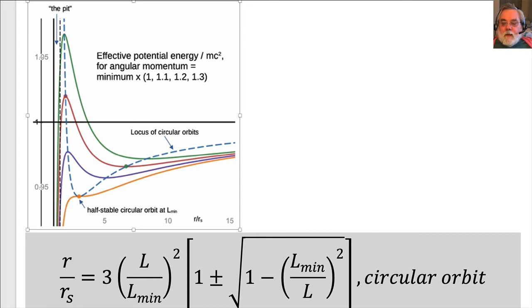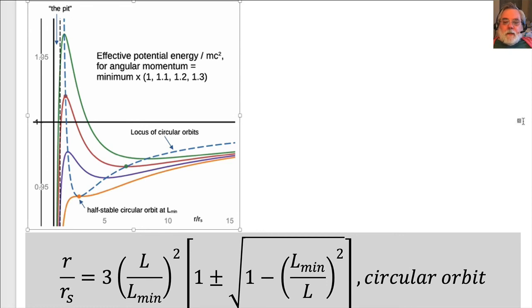Inside 1.5 Schwarzschild radius, all orbits spiral into the event horizon. As the unstable circular orbit radius approaches 1.5 Schwarzschild radius, the effective potential energy increases toward infinity.